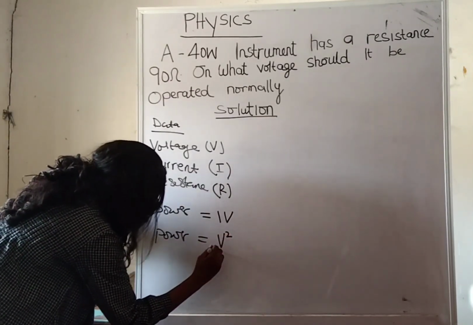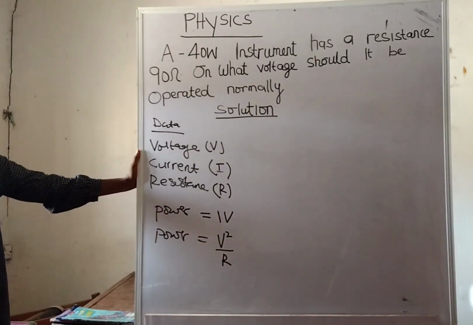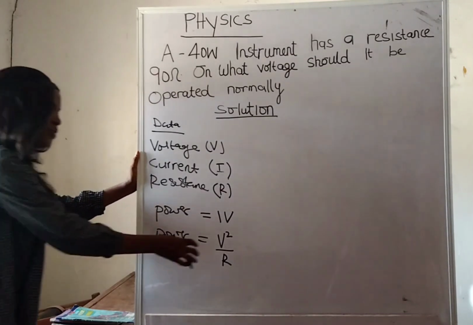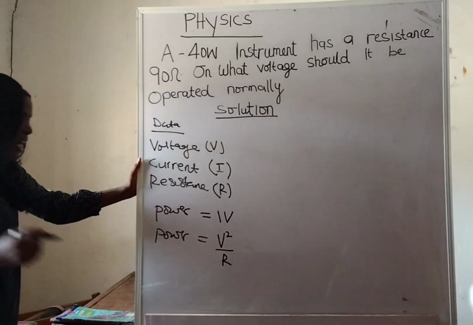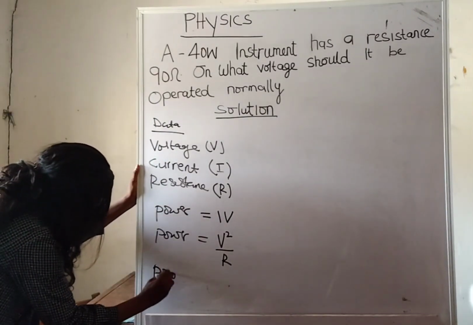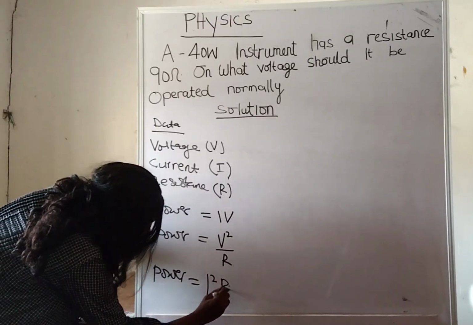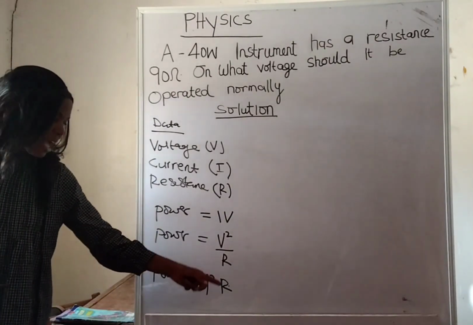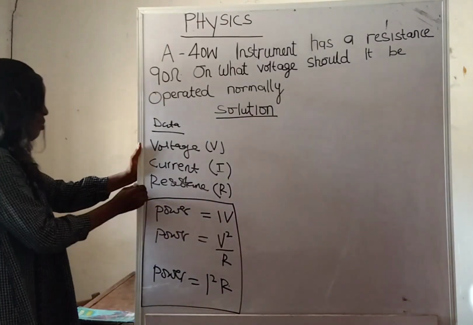V square over R. Yes, power is equal to V square over R, where R is resistance. Another formula for power is I square R. Yes, power equals I square R. These are the formulas for power.